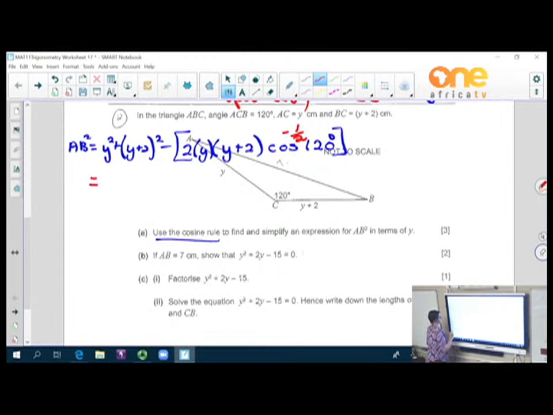So now we can say AB squared. Now I'm going to work here. This is y squared. Plus, remember, this means (y plus 2) times (y plus 2). Grade 11s, it's very important that you first do the worksheet on your own and then mark it. Otherwise, it doesn't help. It is then y squared plus 4y plus 4 minus, okay, now I'm working in that bracket.